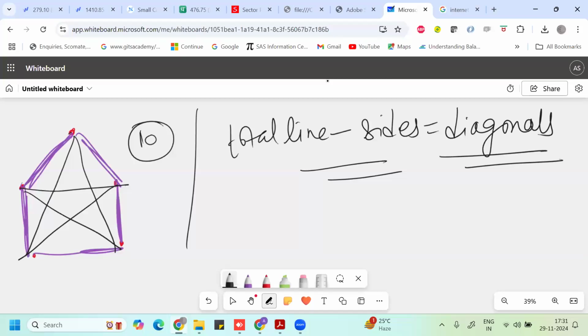Are you getting it? Please remember these formulas.